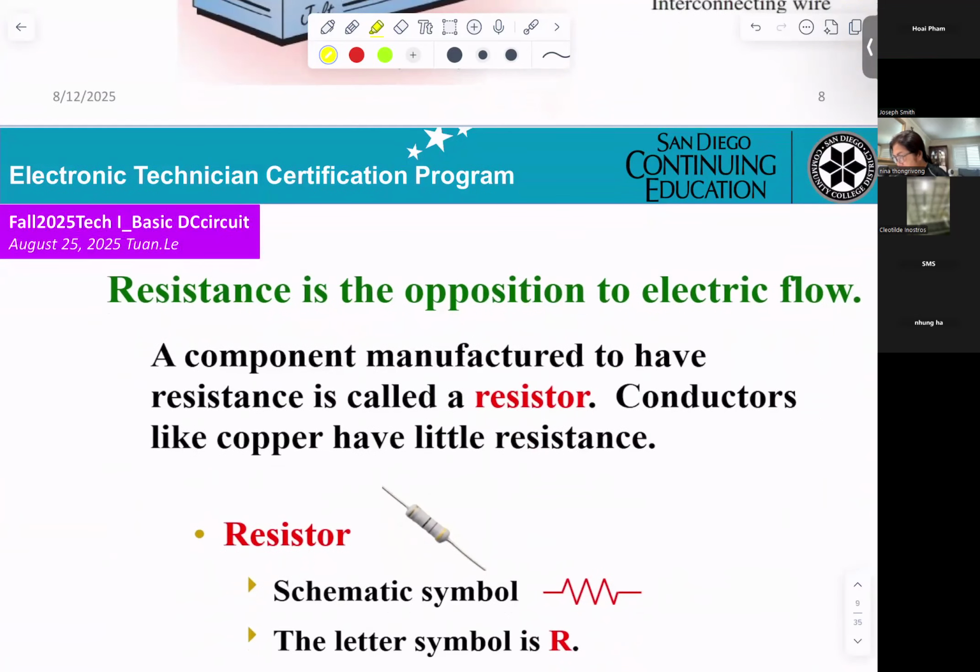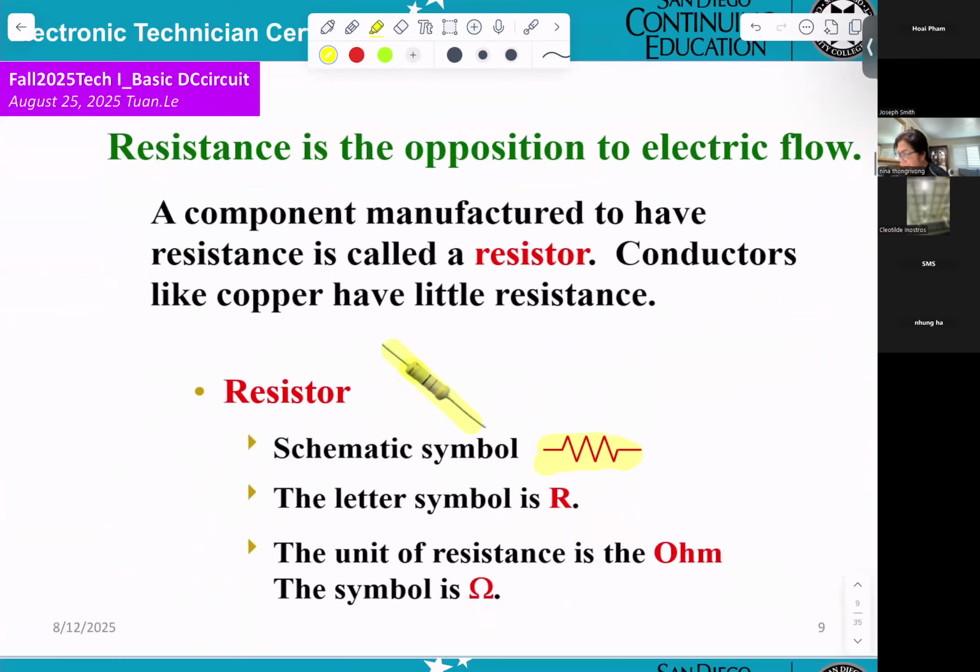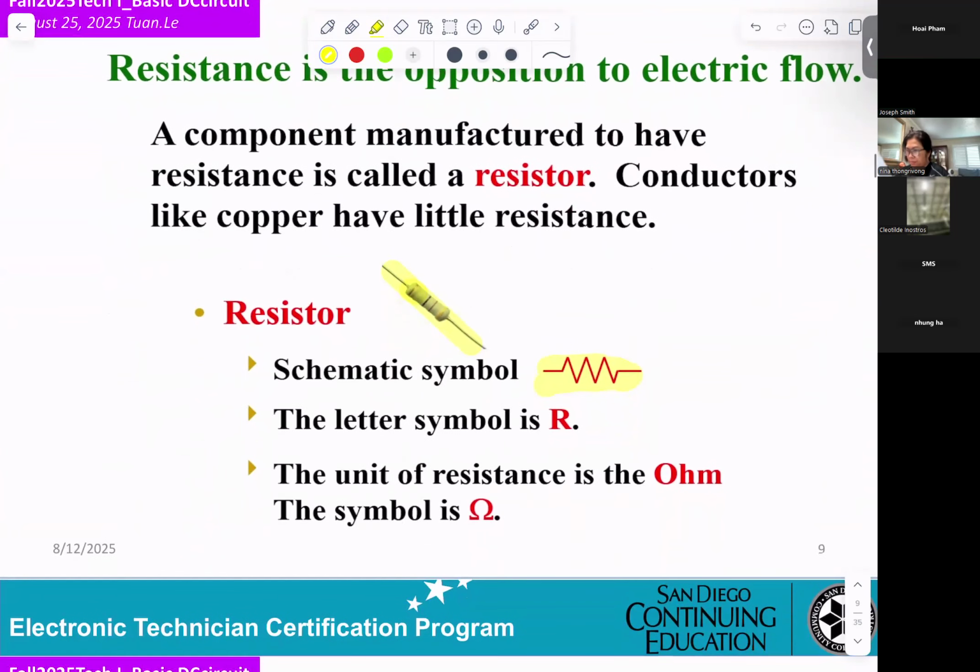And that we're talking resistance, opposition to the electric flow. And we get a resistor. That is a resistor, and this is a symbol. R will be resistor, and the unit of resistor will be ohm.